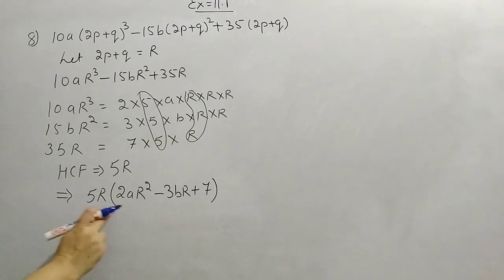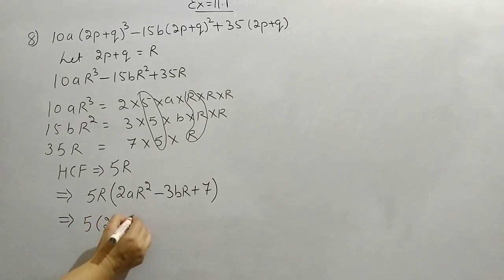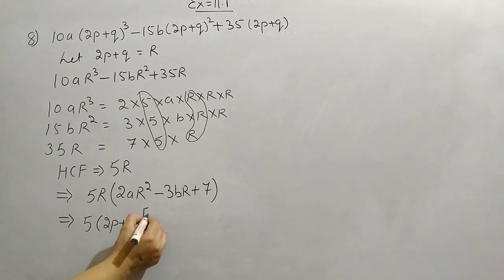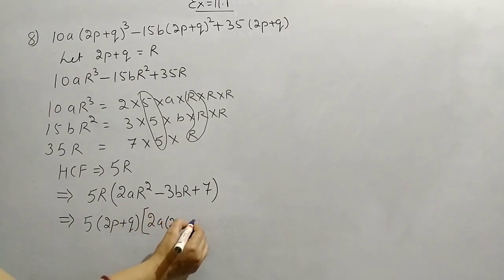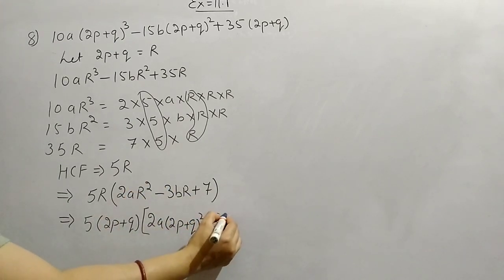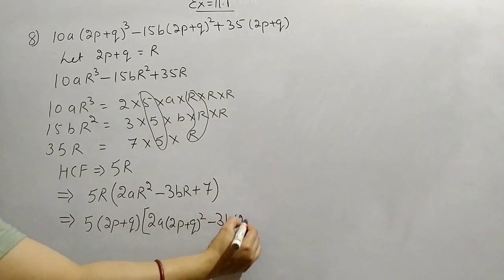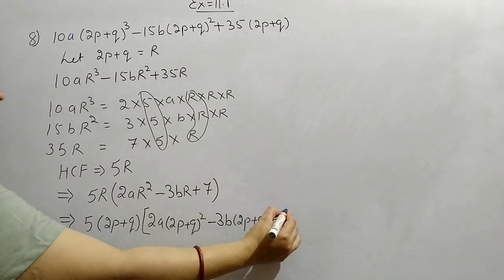And next you can replace this r. R is 2p plus q. Inside this bracket: 2a(2p plus q) whole square, because it is r square, then minus 3b(2p plus q), and plus 7.